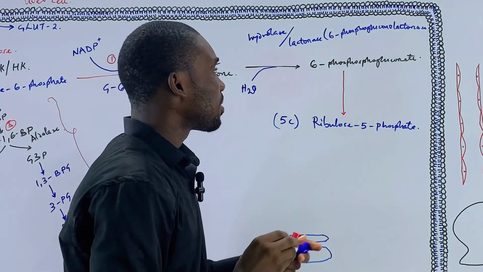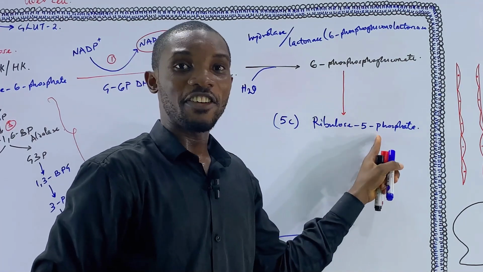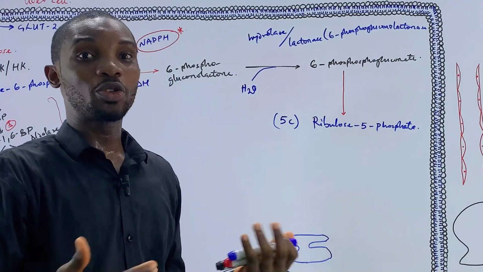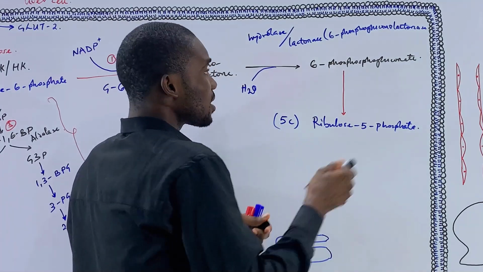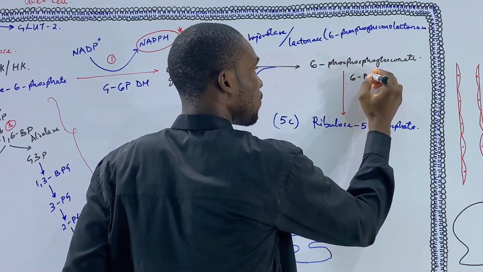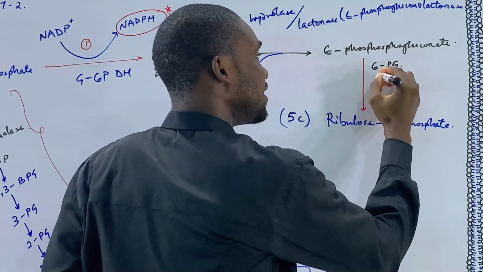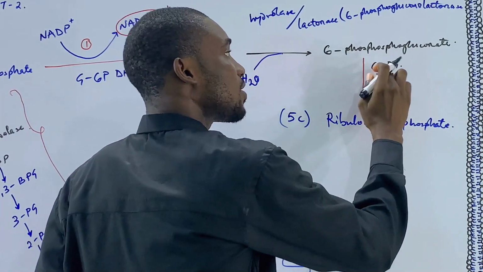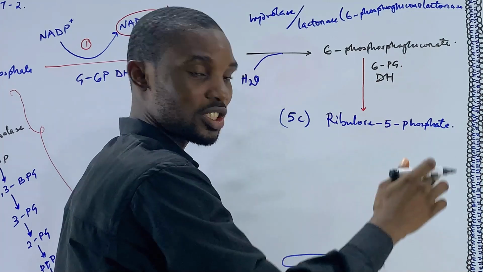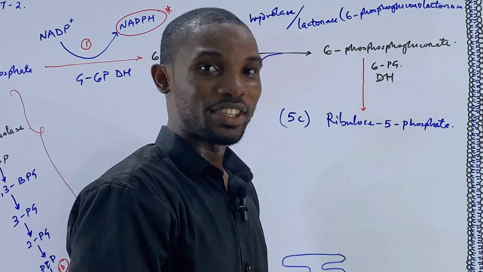What is the enzyme that converted 6-phosphogluconate to ribulose 5-phosphate? The enzyme is a dehydrogenase. So it's 6-phosphogluconate dehydrogenase. You had the dehydrogenase, what do you expect? NADP, right?